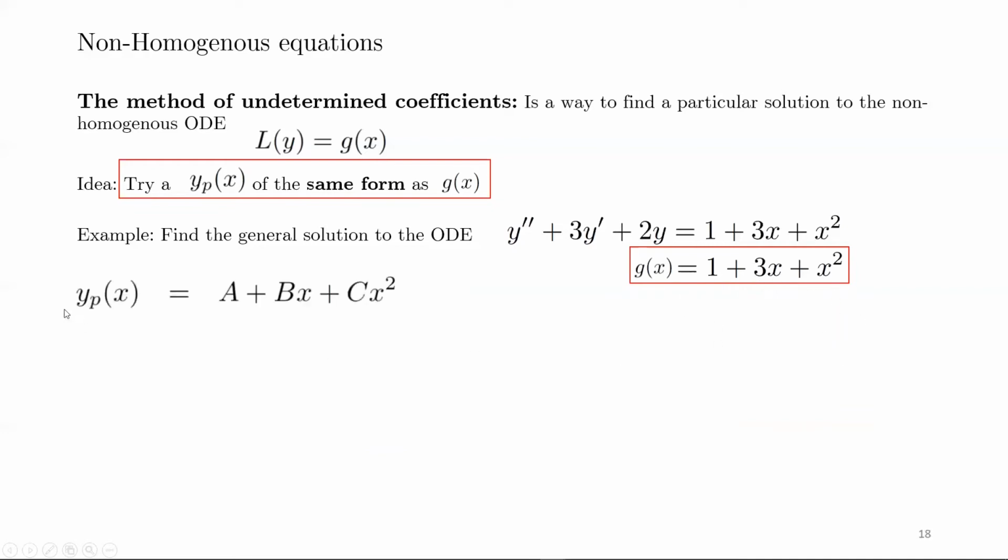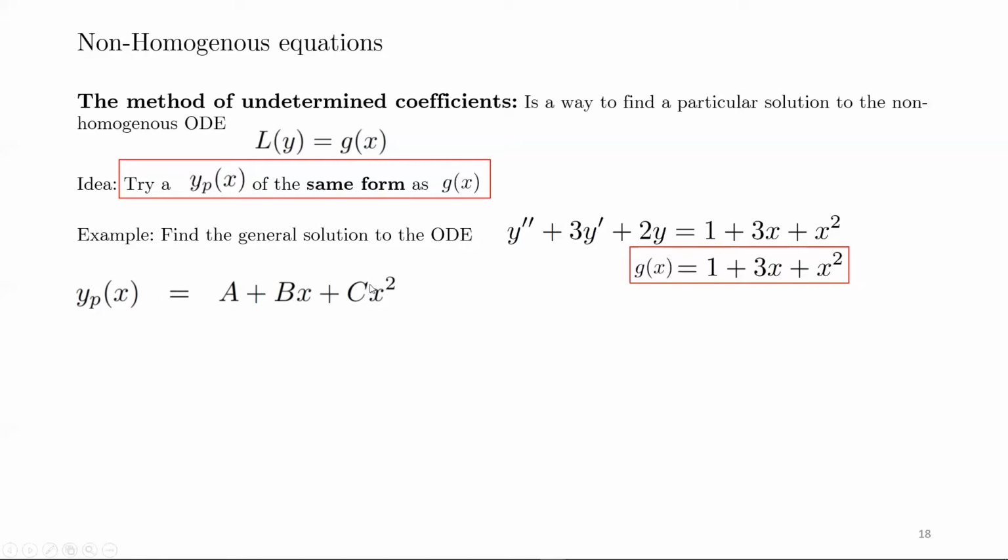So I'm going to say my particular solution that I'm going to test is going to be equal to a plus b times x plus c times x squared. Because my non-homogeneous term g of x is quadratic, I'm going to try a quadratic as my particular solution.